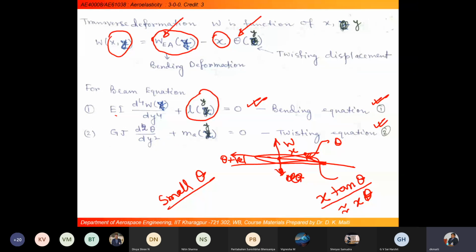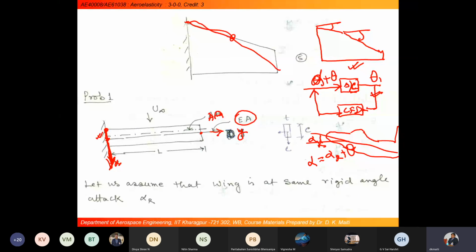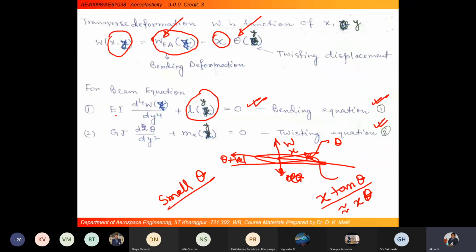Okay, so if I consider the equilibrium equation, see here the lift force is acting through the aerodynamic center. So the bending equation will have EI into del 4 W by del y to the power 4 plus the distributed lift over the half span direction, and this lift force, which is eccentric, will give a torsional moment.